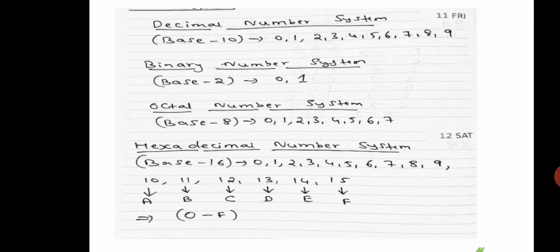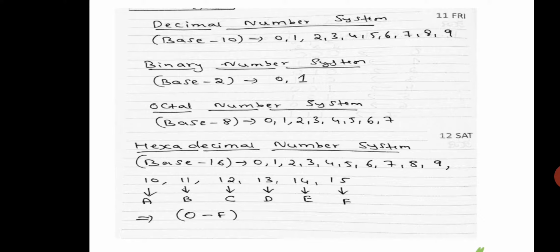Whenever you are using hexadecimal number system, you have to remember after 9, that is 10, 11, 12, 13, 14 and 15, you have to represent those numbers in an alphabetical manner. It has to be in capital letters itself. You have to use upper case. You should not use lower case. So it is nothing but A, B, C, D, E and F.